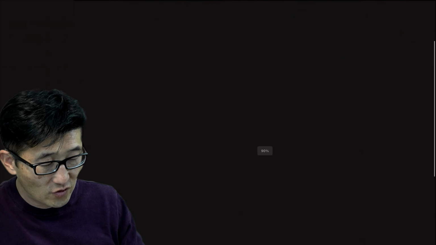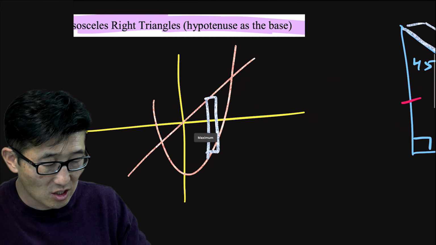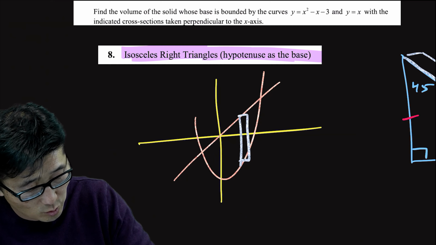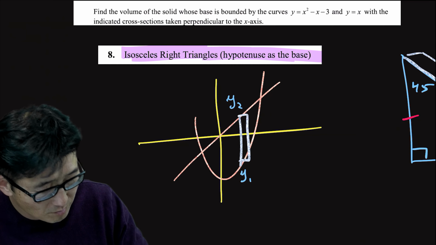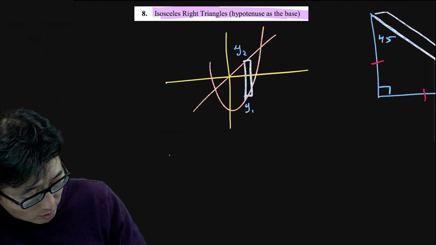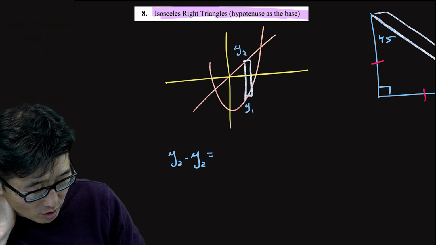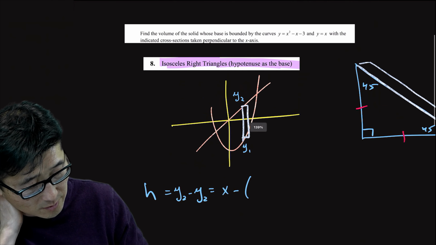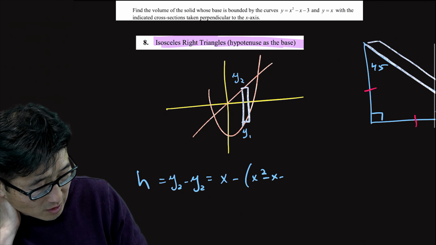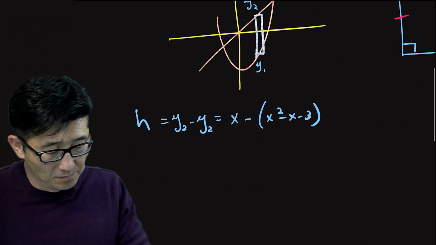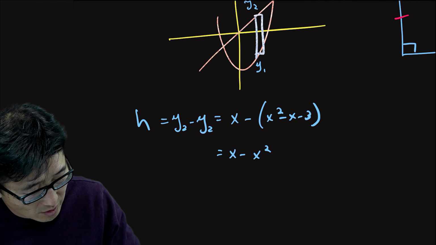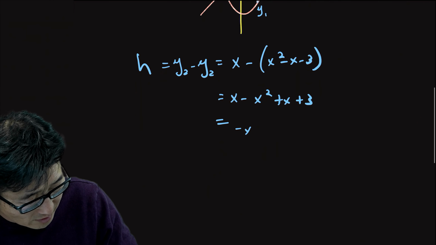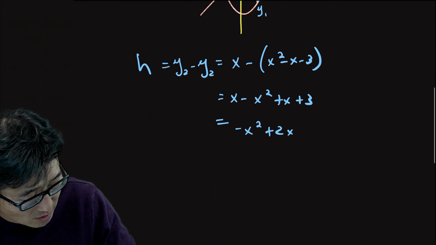Let's first figure out what the hypotenuse actually is in terms of x. This distance right here will be y2 minus y1. We'll call this the hypotenuse, h, and that's x minus (x squared minus x minus 3), which is x minus x squared plus x plus 3, and this will be negative x squared plus 2x plus 3.